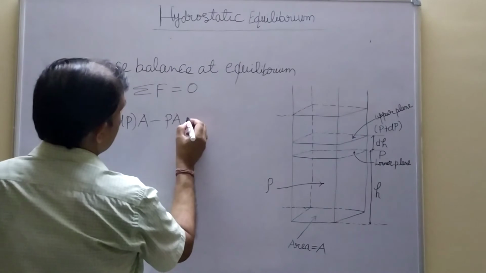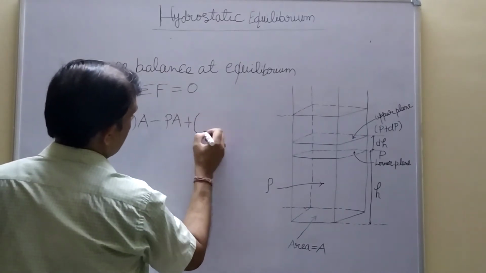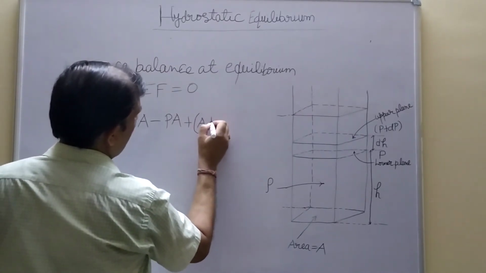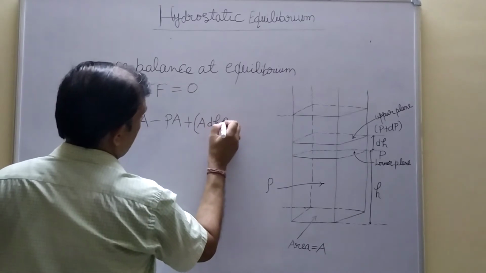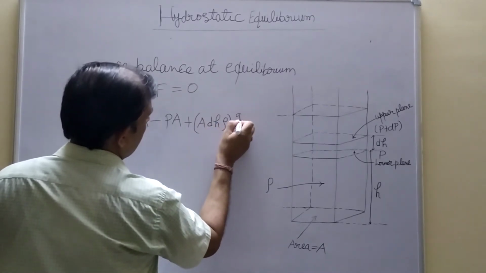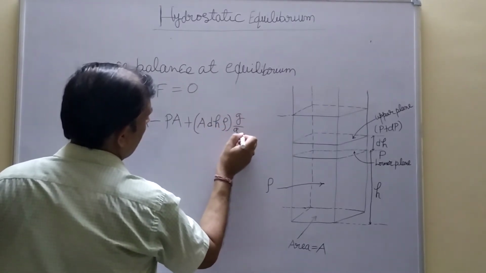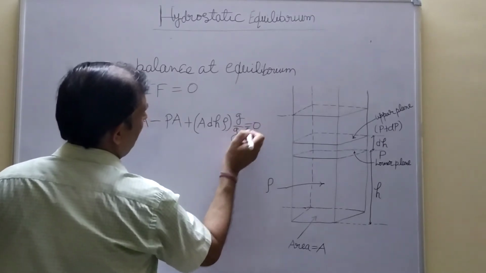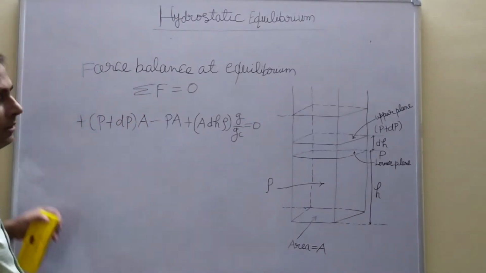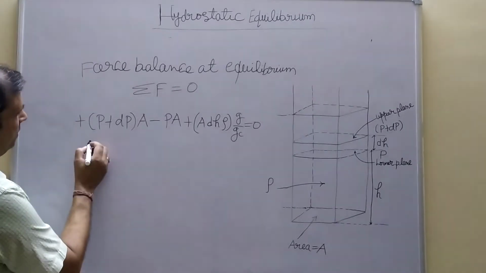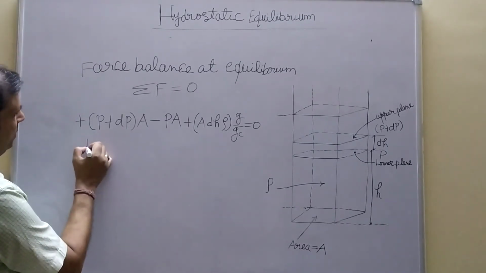So that is plus A dh rho g by gc equals 0. Now we will solve this, so multiply this by A.